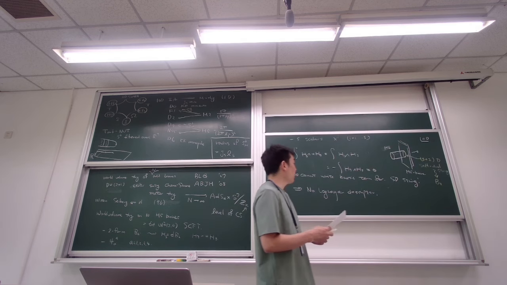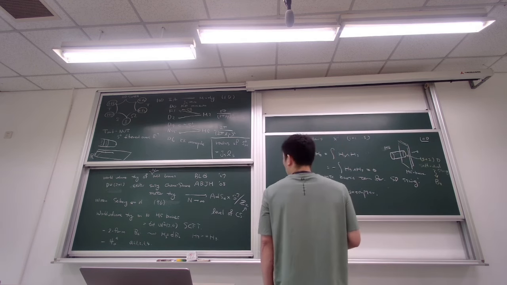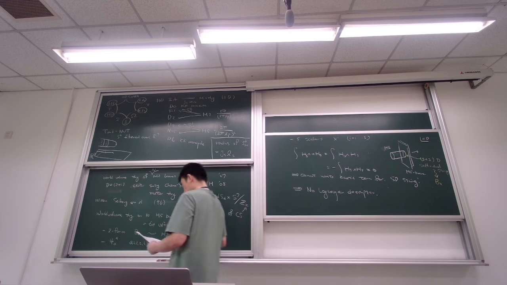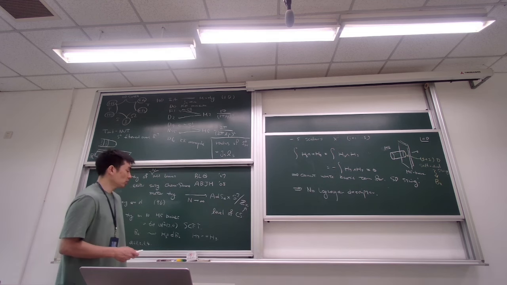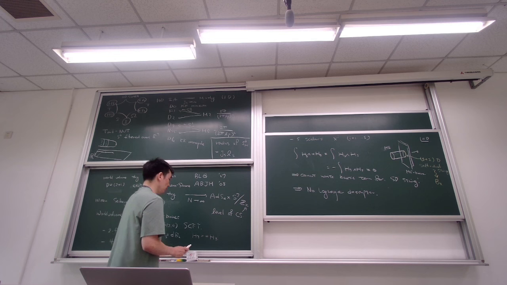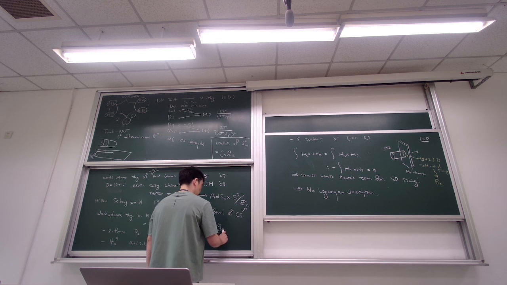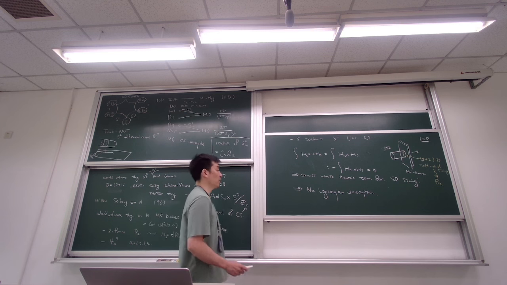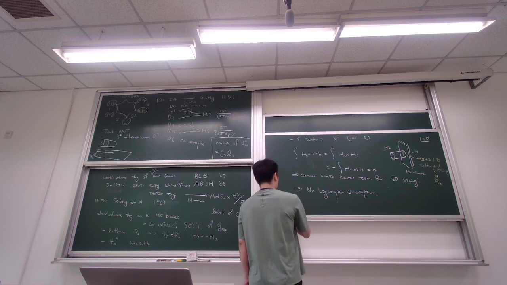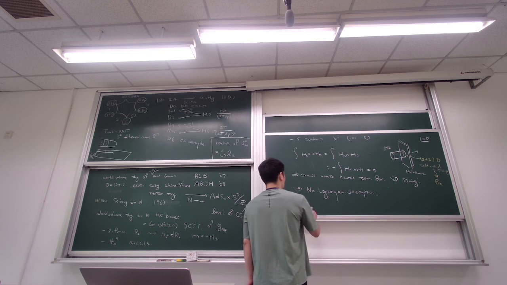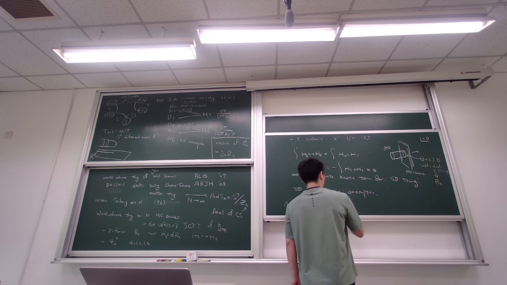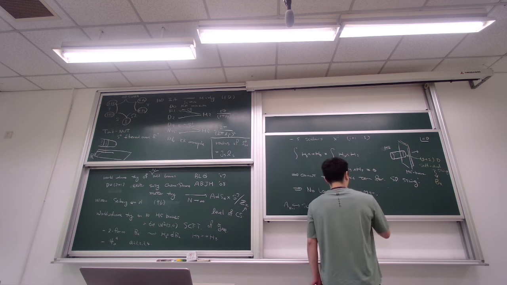Anyway, that's why the 6D (2,0) theory does not admit a Lagrangian description, and it has a so-called ADE type classification. A corresponds to SU(N), N minus 1. D corresponds to SO(2N).